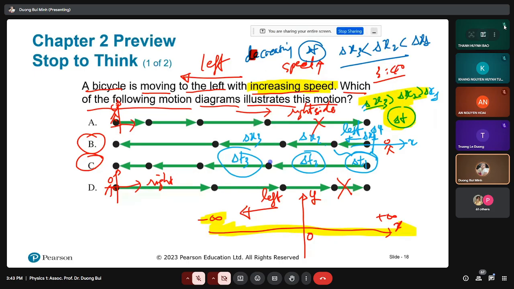So the correct answer will be, sorry, B. Okay, we delete C because we have the same time, but this is delta x1, this is delta x2, this is delta x3, this is delta x4, and delta x4 is less. So this is decreasing. This one is increasing. So the correct answer is B.